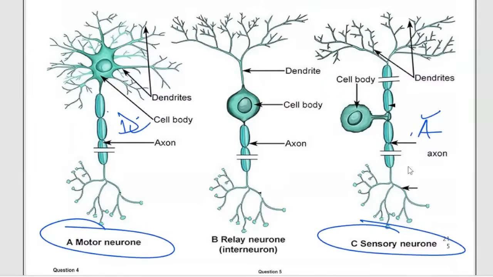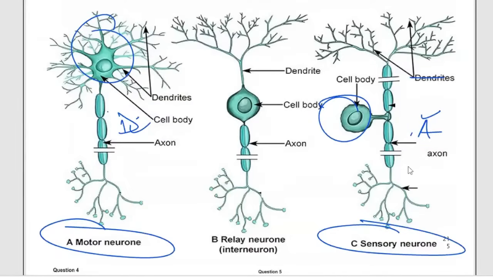So talk about the dendrite here, the cell body. Check the cell body where it is. You can talk about the dendrite being long and the axon short for neuron A, which is a sensory neuron.